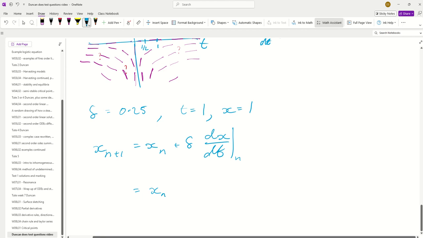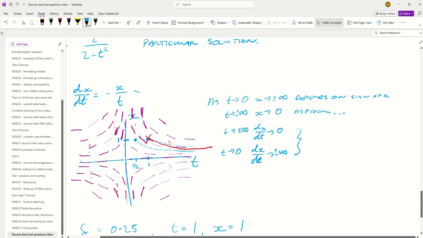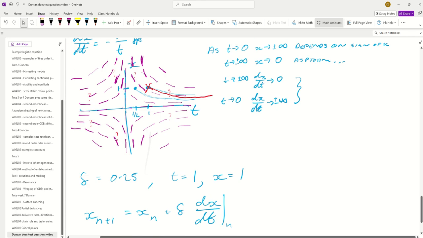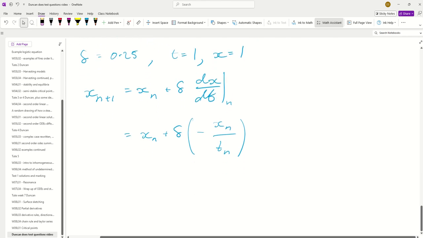Well, that's just x_n plus delta times minus x_n over t_n, right? And we get that from the ODE up here. Okay, so we need to advance time as well, so we need to write down t_{n+1} equals t_n plus delta. And that's everything we need.